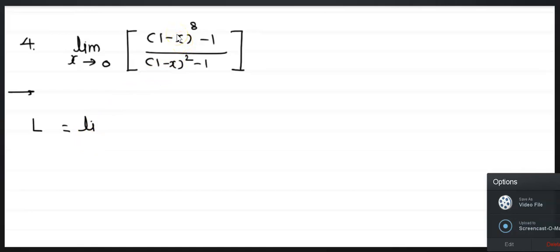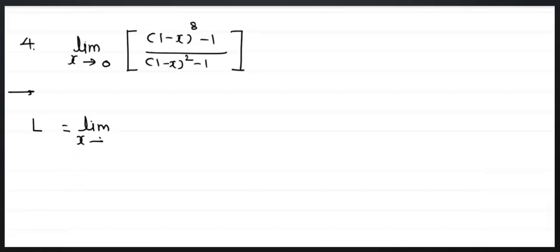That is 1 raised to 8 means what? 1. 1 minus 1, 0. And the denominator also 1 minus 1, that will also become 0. That is, we are getting the indeterminate form. Therefore, to avoid this, we can make a substitution, and the substitution will be like this.